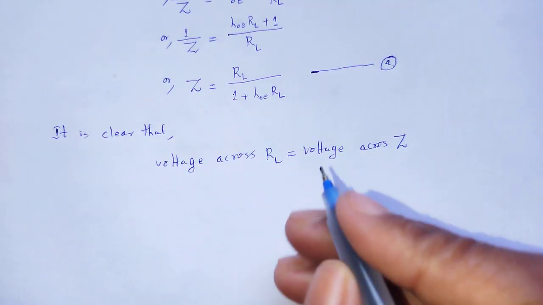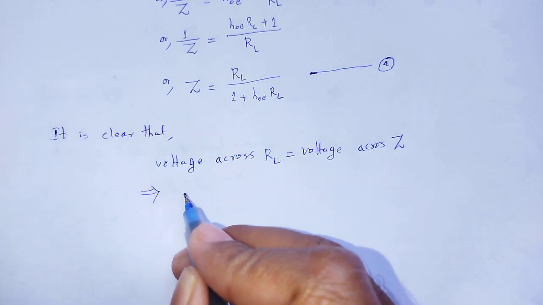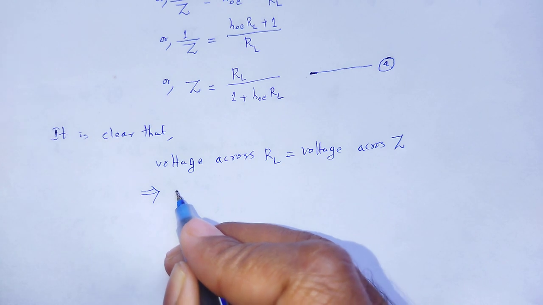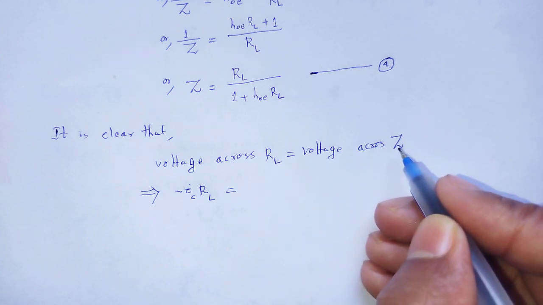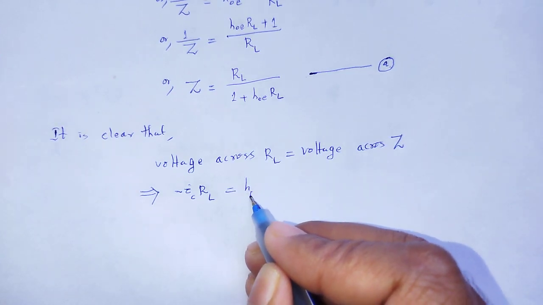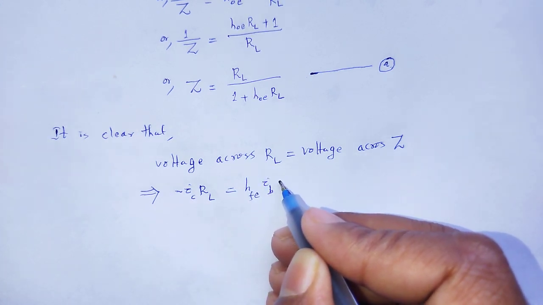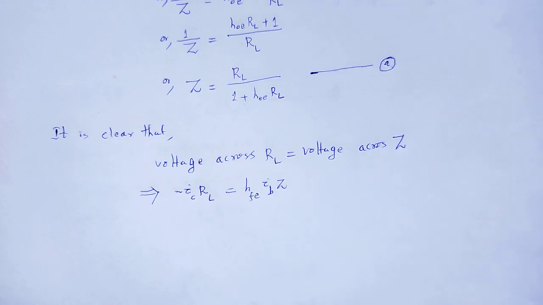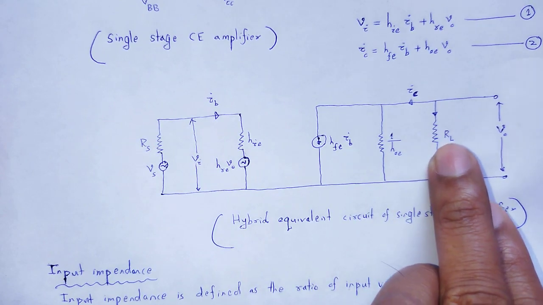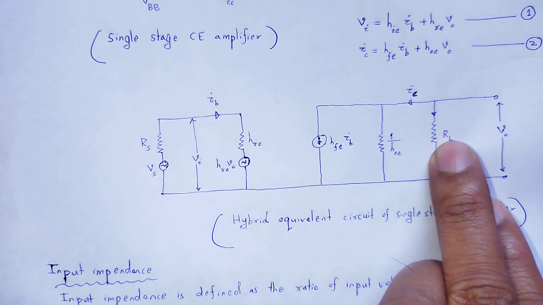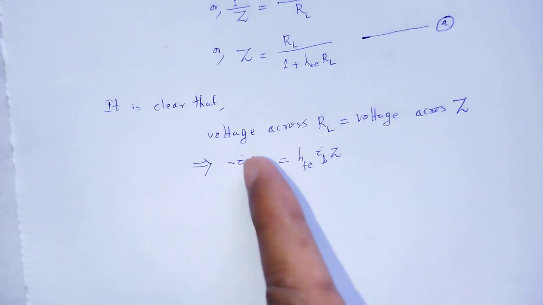Here the voltage across RL is equal to current into resistance, current minus IC into RL. Come to that figure: voltage across RL is resistance into current. Here the current will be negative, so minus IC into RL is the voltage across RL.